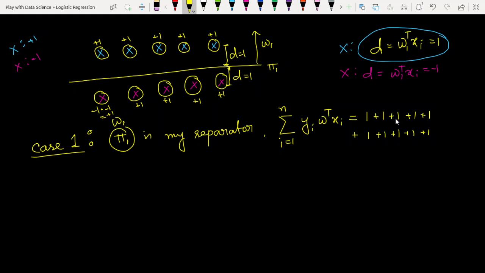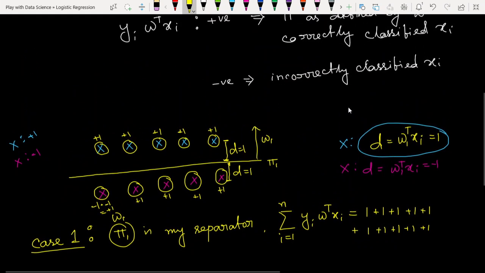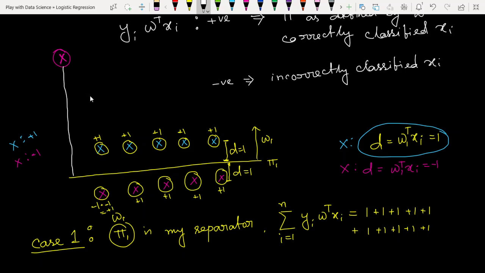Now let's take another twisted case. Let's take a point on this side, where all are our negative points, and this negative point appears here. Let's take the distance of this point from our plane to be d equals 100.